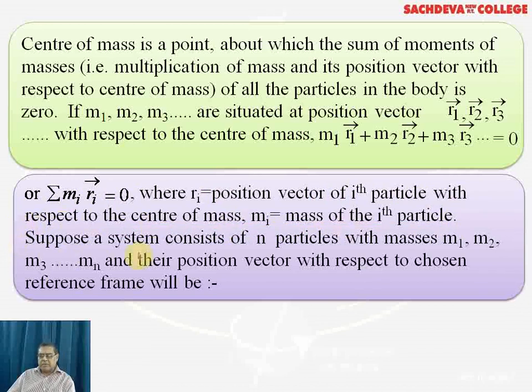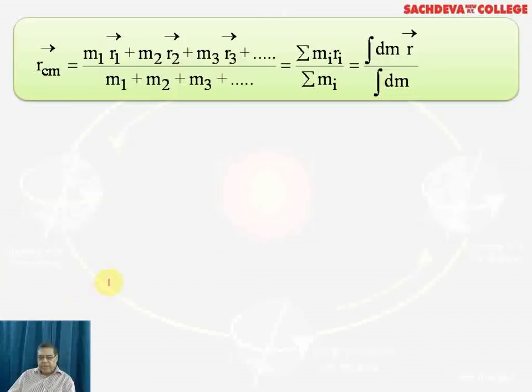Suppose a system consists of n particles, that is, n atoms or n molecules, and their masses are m1, m2, m3, and so on up to mn. Their position vectors with respect to a chosen reference frame are r1, r2, r3, and so on.